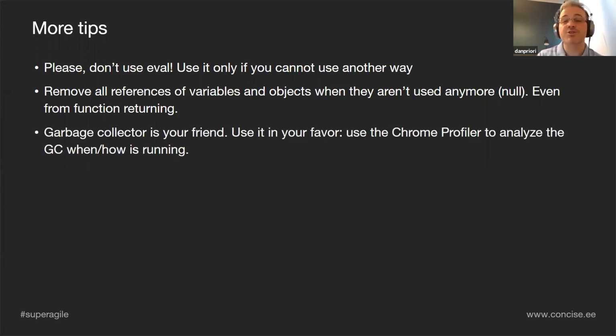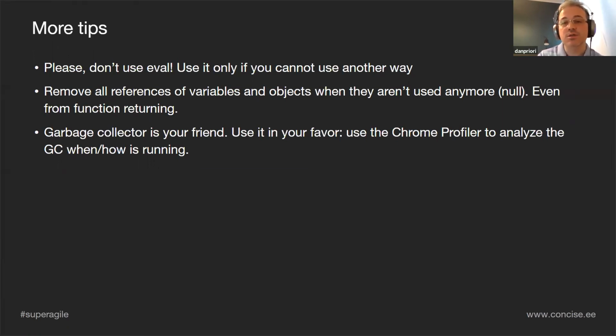So the garbage collector is your friend. Use it in your favor. And also use the Chrome profiler to analyze the GC when it's running. If you don't know how to use the profiler, we can talk about it later. I can explain how to use the snapshots, how to profile the performance using throttling, and there are a lot of tools inside Chrome to analyze the garbage collector and see where it's failing, where the memory leaks are, and when the garbage collector is being called all the time.